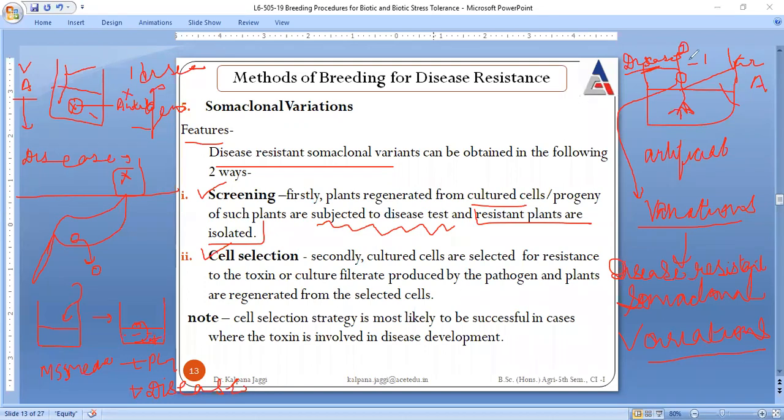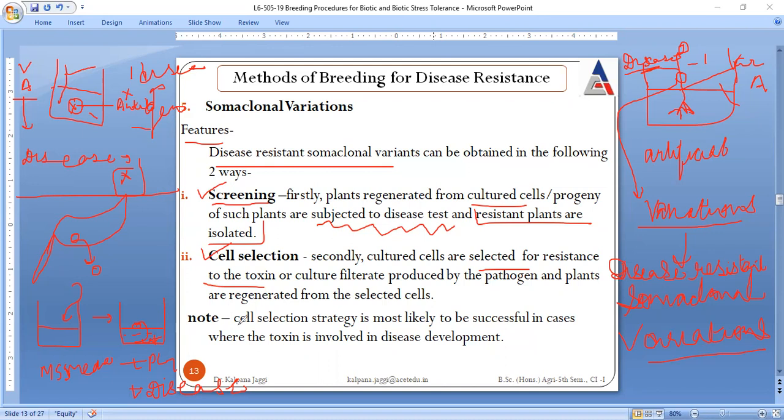Whether the plant has incorporated that gene or not will be ensured by the screening methodology, right? The next step is cell selection. Cultured cells are selected for resistance to toxin, because this antigen will produce a toxin. If plants are resistant to this toxin, they will grow, otherwise they will not grow. In this way we can select for resistance to toxin, right?